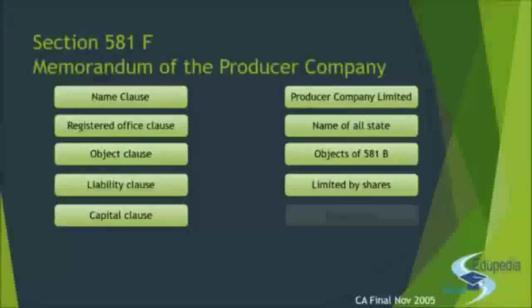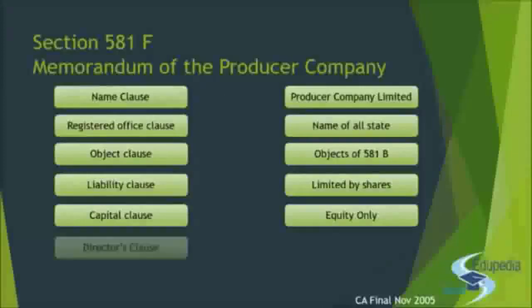Your memorandum will specify the amount of share capital with which the producer company is to be registered, and the division into specific individual shares of fixed amount will also be specified in the memorandum. We move on to the next clause, which will be the directors clause. In the directors clause, the memorandum shall state the name, the address, and the occupation of the subscribers, being the producers.